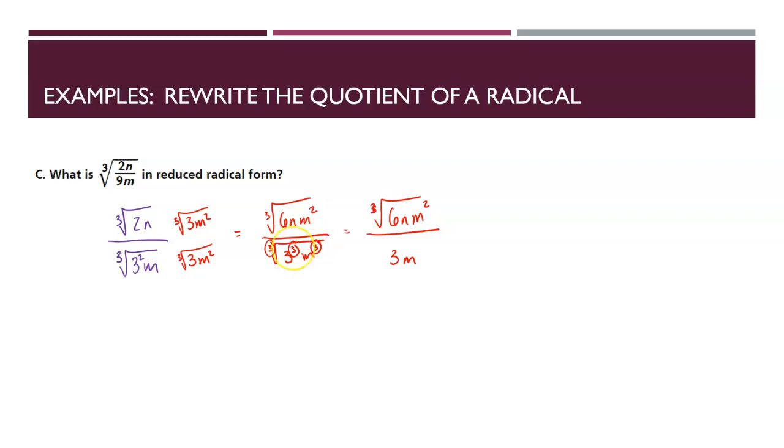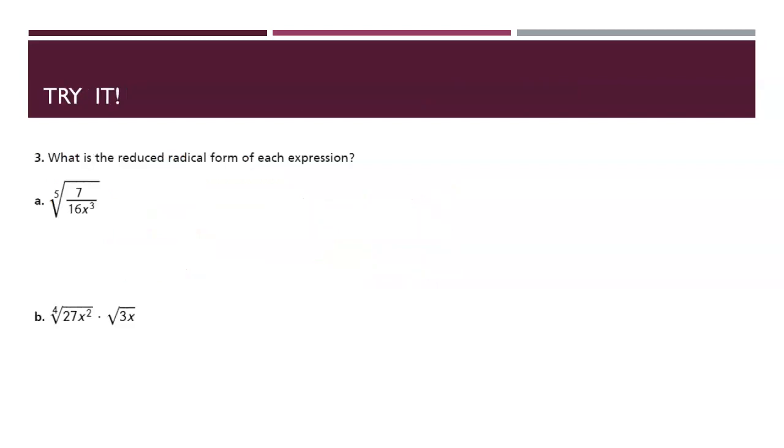Take this power divided by the root, 3 divided by 3 would also be 1, so we'd take out 1m. So our denominator would just be 3m. In our numerator, we'd have the cubed root of 6n times m squared, or if you put m squared first, that's fine.